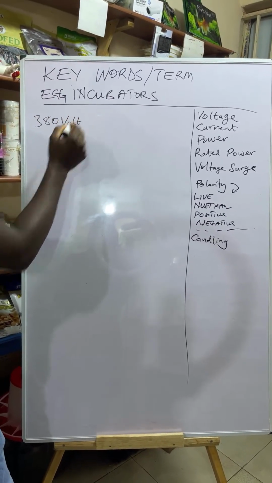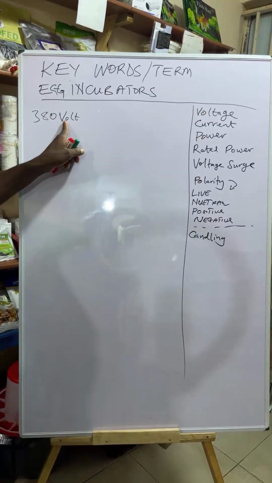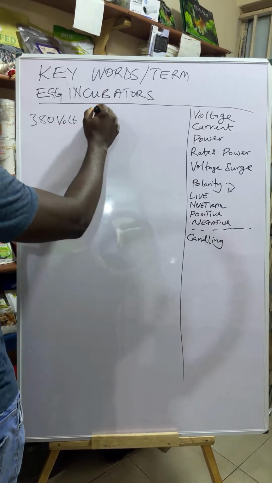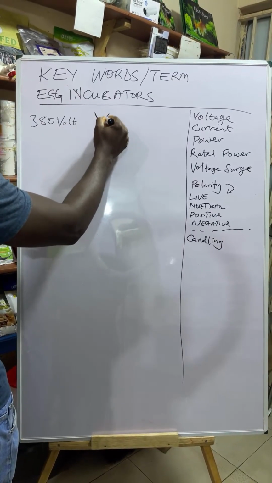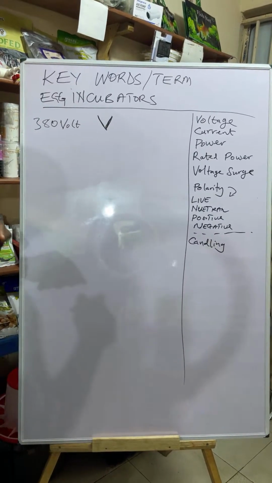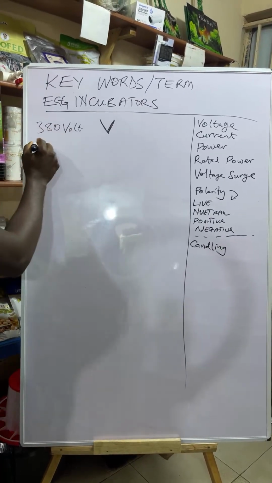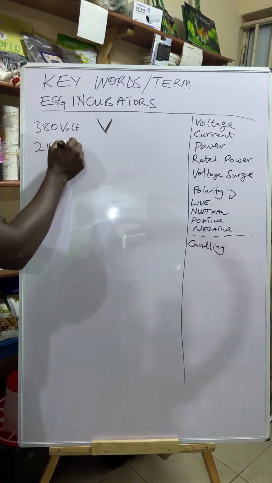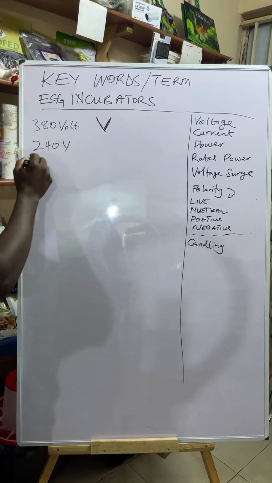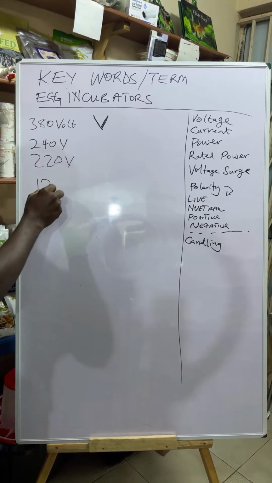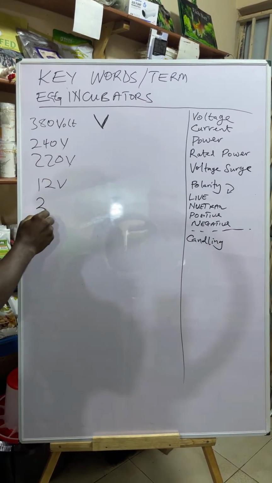The unit for voltage is volts, and the symbol is capital V. All right, so there's 380 volts, there's 240 volts, you come across 220 volts, 12 volts, 24 volts.